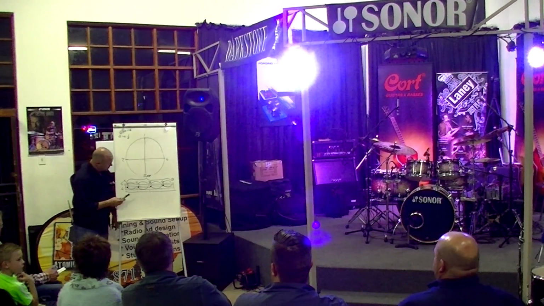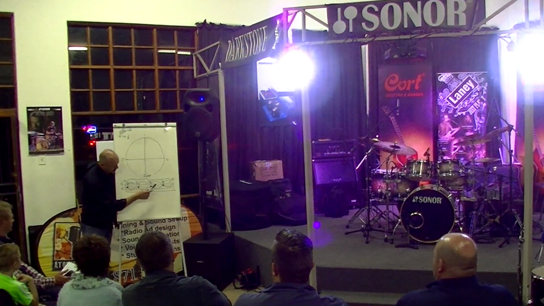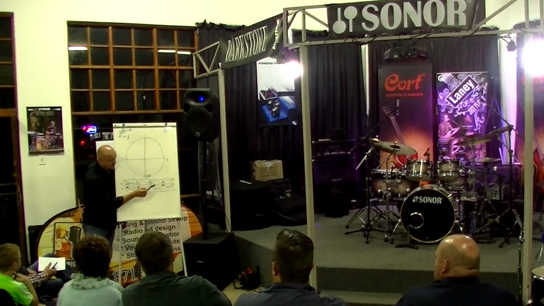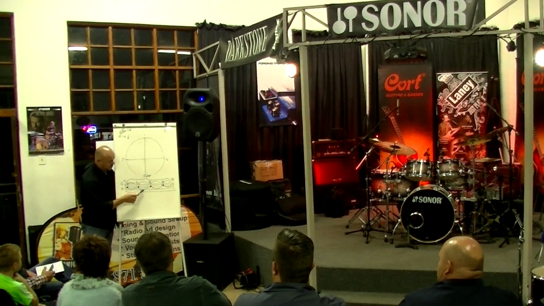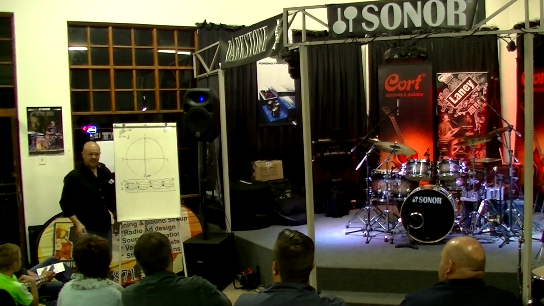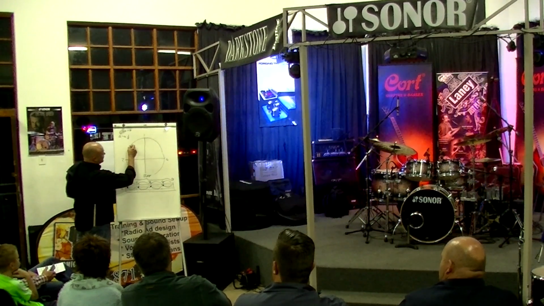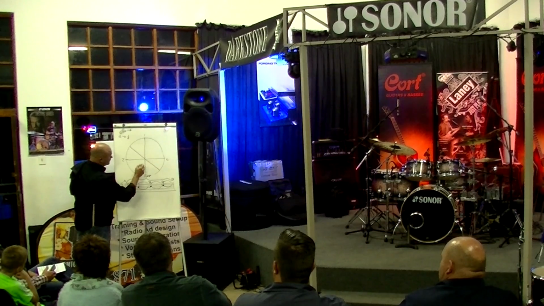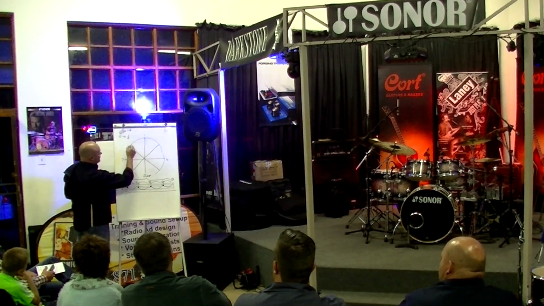So you have 4 notes in here. 1, 2, 3, 4. And this is what it sounds like when you play on the drums, just a little more musical. 1, 2, 3, 4.